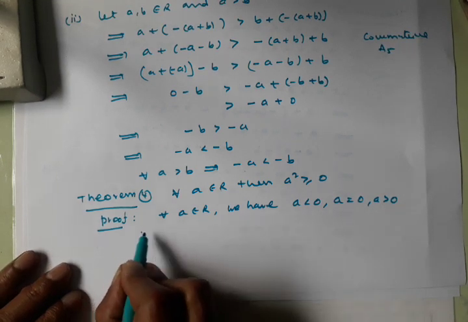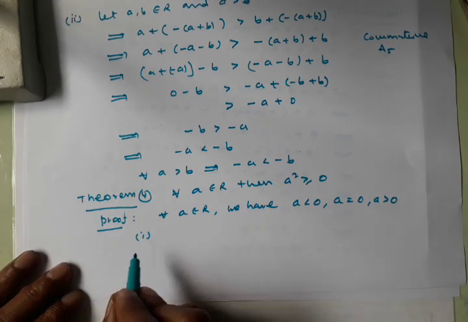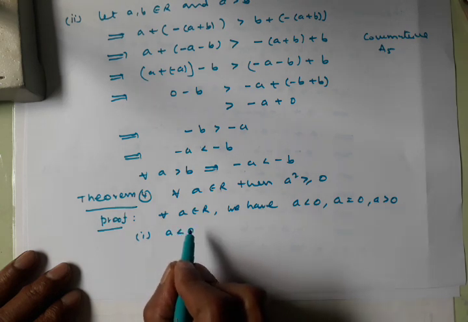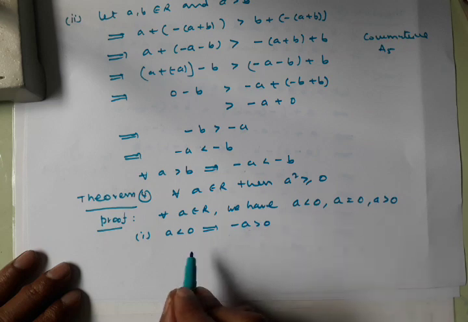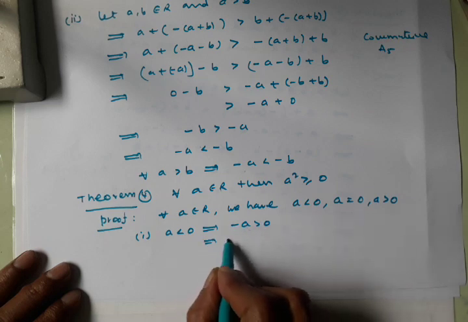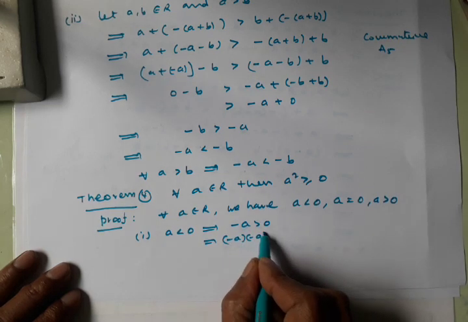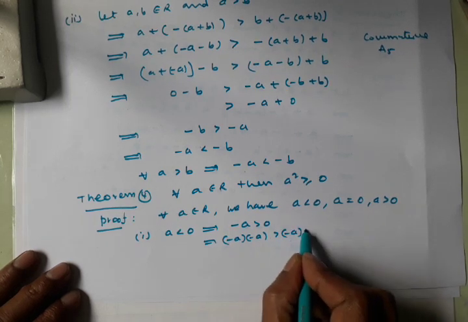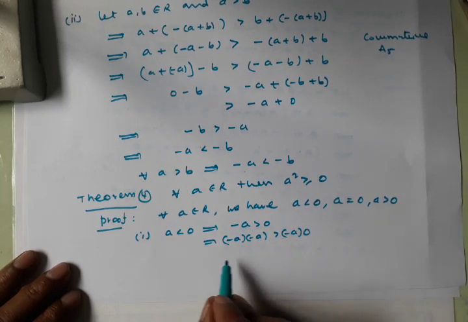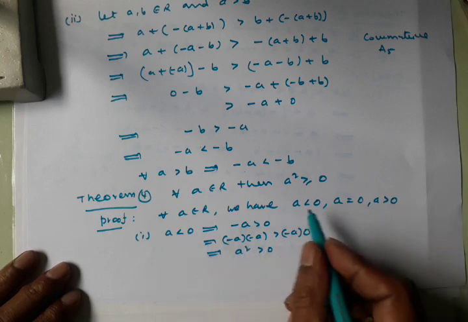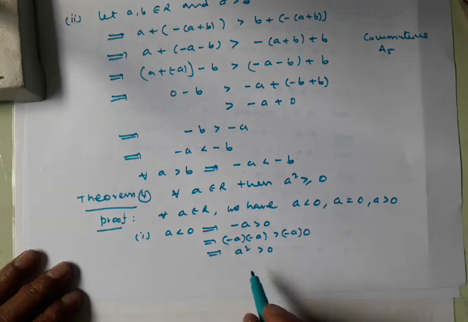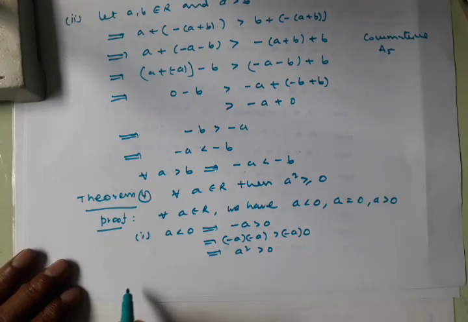Suppose the first case we take a is less than 0. a is less than 0 implies minus a is greater than 0. So multiplying with minus a on both sides is greater than 0. This implies a square is greater than 0. So for a less than 0, the theorem holds.